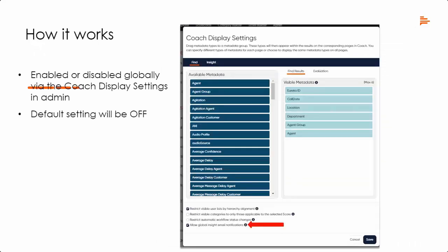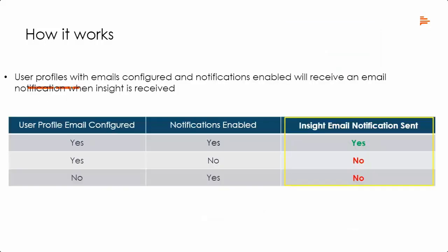In terms of how it works, you can enable this at the global level. Within administration on the display settings, there's a checkbox at the bottom that says allow global Insight email notifications. It will be off when we roll out. You can have your administrator go in and turn it on, and it'll make it available to all coaches.